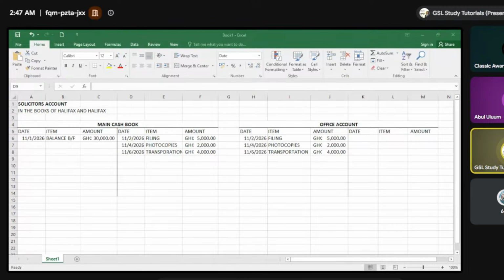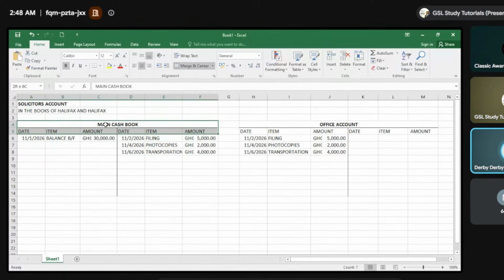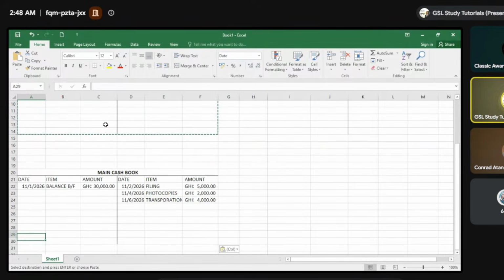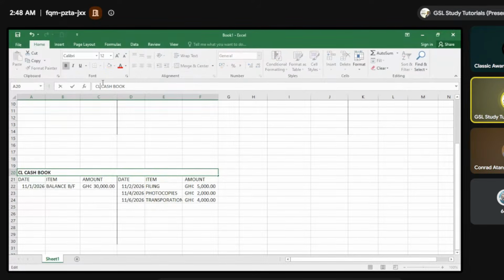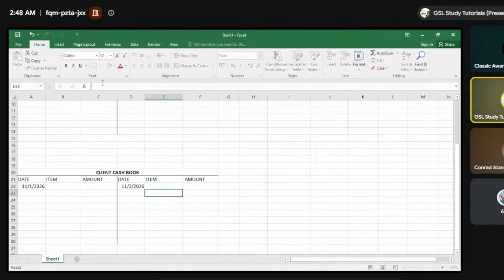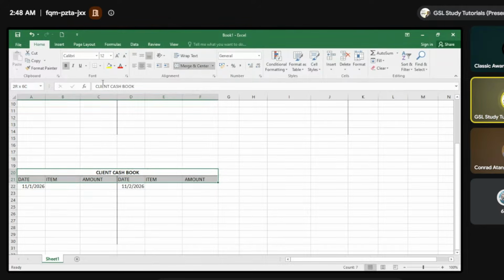Conrad, you want to read for us the rule for November 13th? Credit client's ledger and debit client's cash. Okay. Great. So this is the client cash book. So we'll have client ledger.